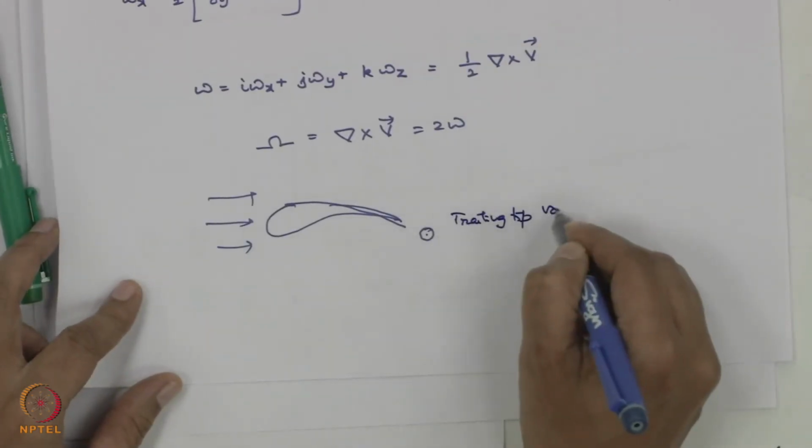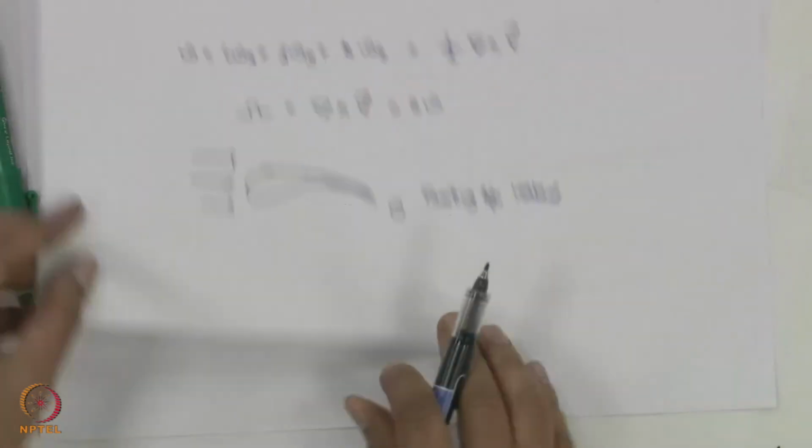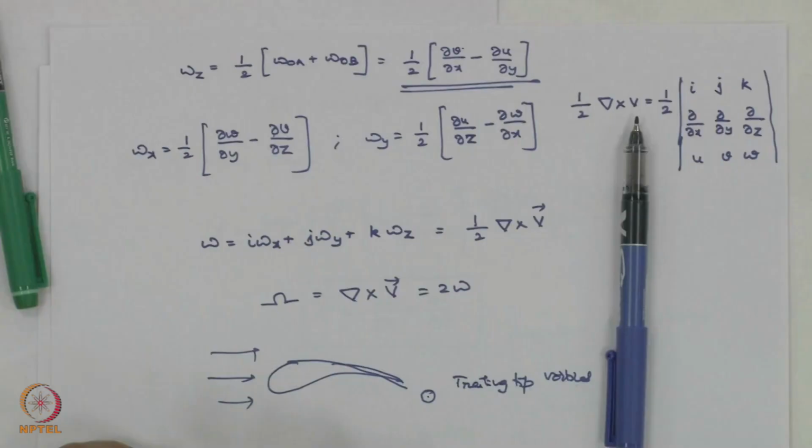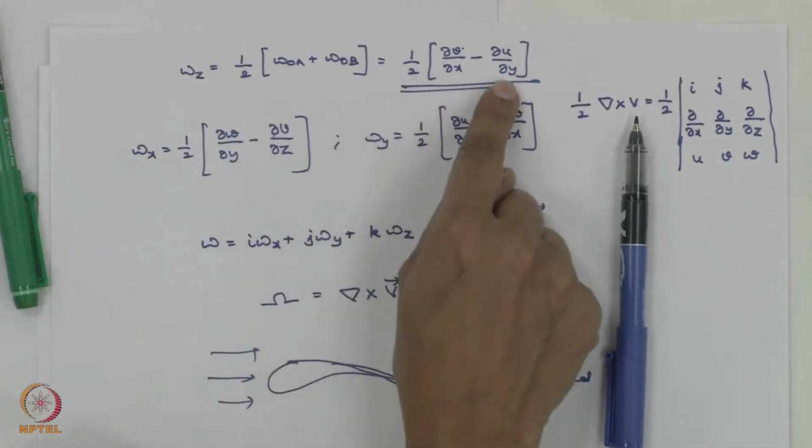These trailing tip vortices can be imagined as nothing but my omega z, that is half of del v by del x minus del u by del z. You can either take that as a rotation by putting a shaft and measuring the RPM, or you measure the gradients and get the rotation, either through these gradients or this rotation.